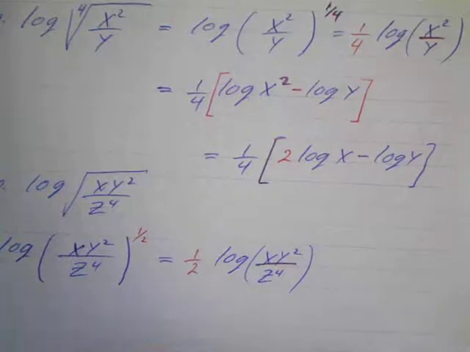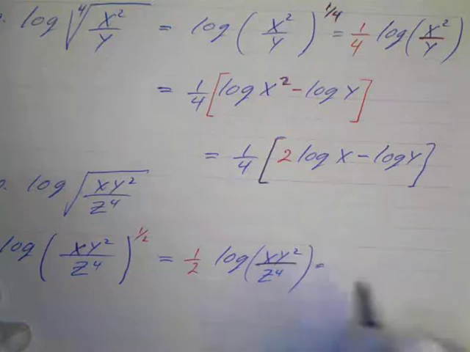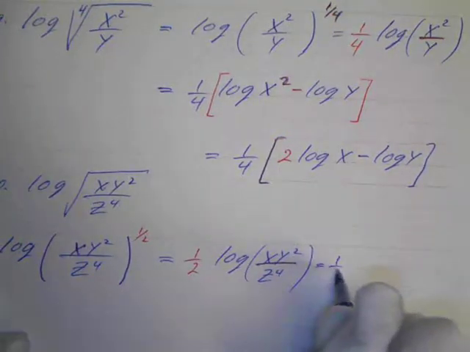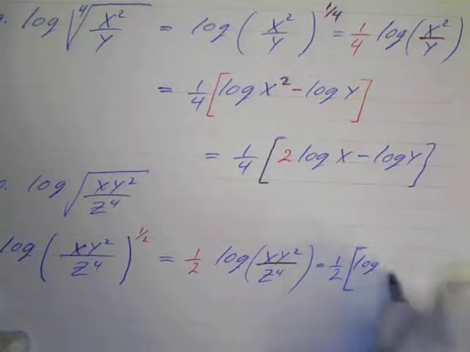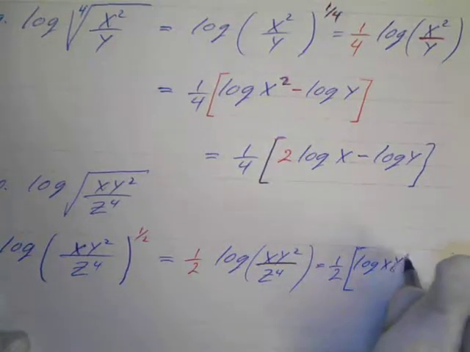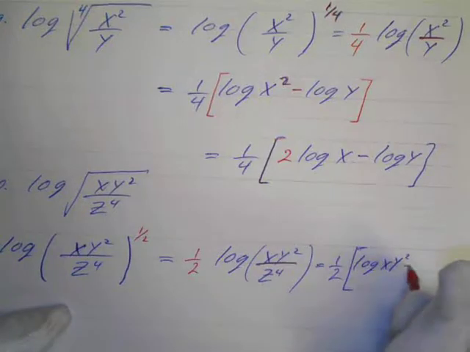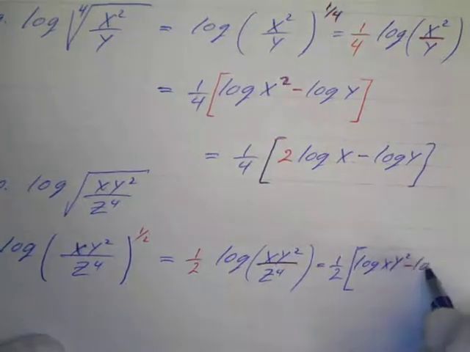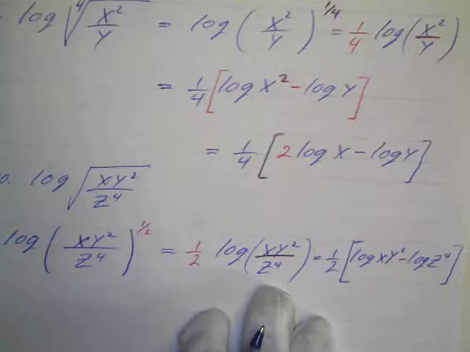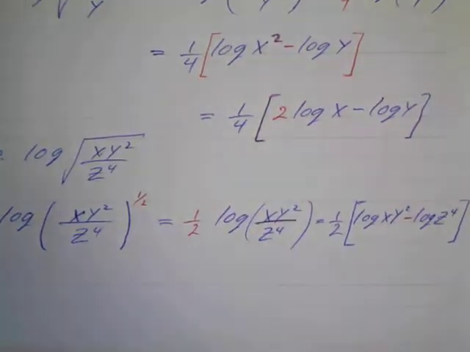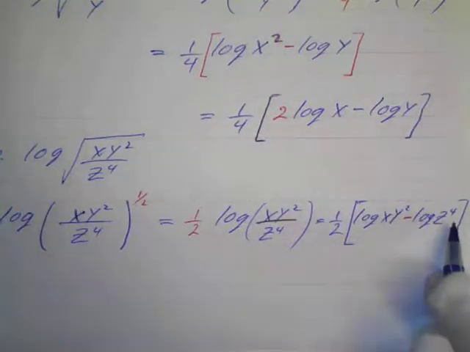So this is going to be equal to 1/2 times the whole thing, the log of x y squared minus the log of z to the 4th. I'll put parentheses around there. Okay, hope you can see all that. So 1/2 the log of x y squared minus the log of z to the 4th.